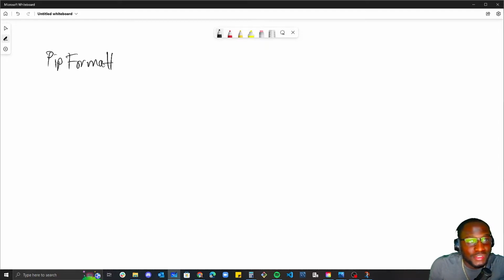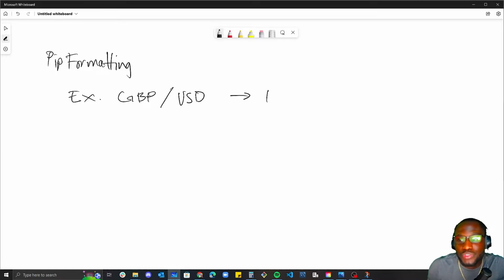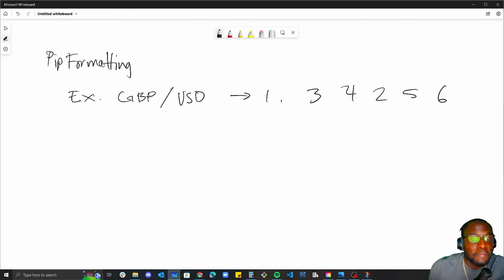So this is going to be called pip formatting. Looking at a quick example here, we're going to look at the pound and US dollar, and let's say the exchange rate for this is 1.34256.